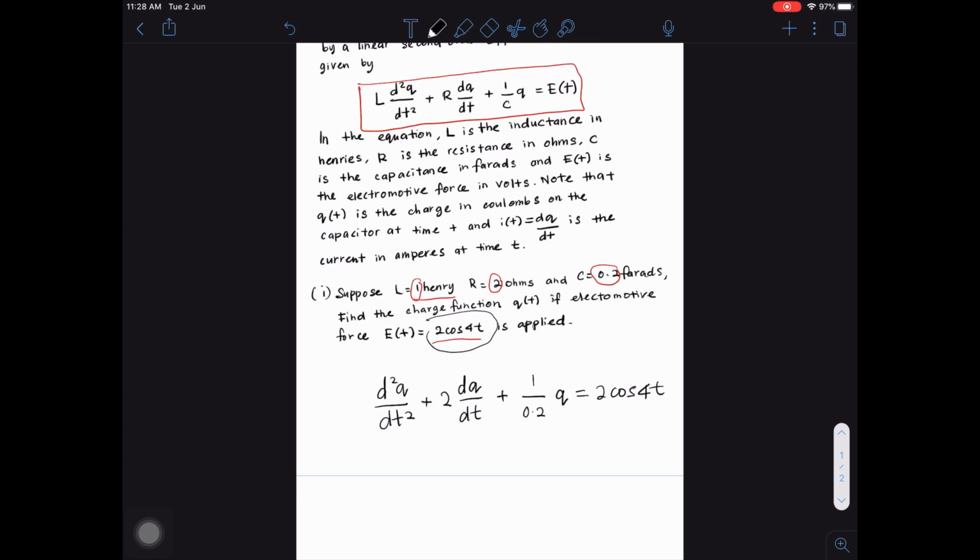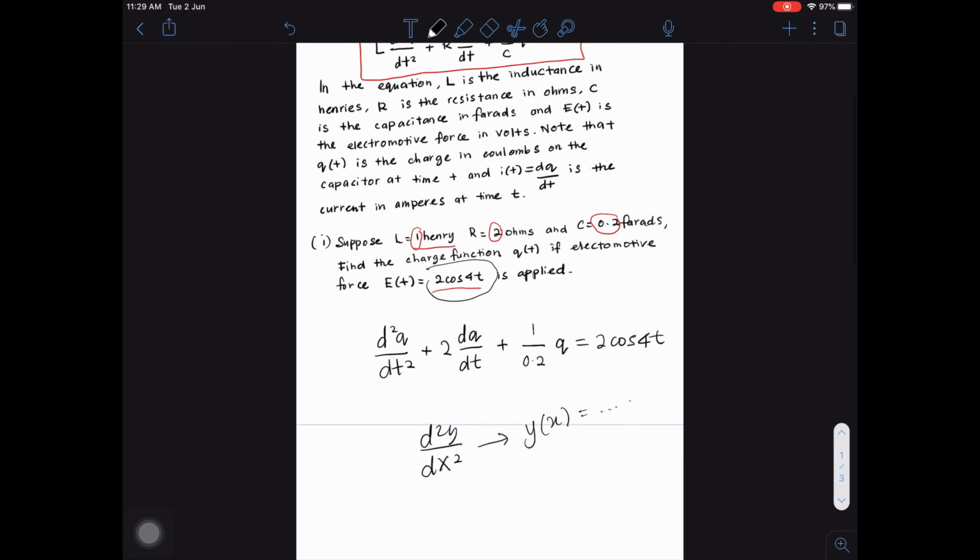Now we want to solve this second order differential equation to find the charge function Q. Before this, we always used d square y dx square in our differential equation, and our solution was in terms of y equal to something.